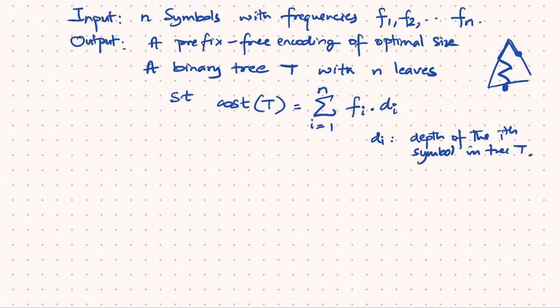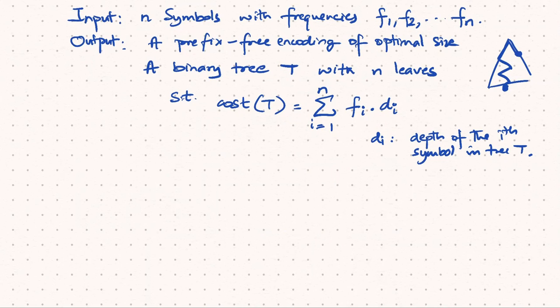If we sum this up for each symbol, that represents a file size, which we'll call the cost of this tree. It's parameterized by the tree, of course. If we consider a different tree with a different arrangement of the leaves and the symbols, then the cost of that tree would change.